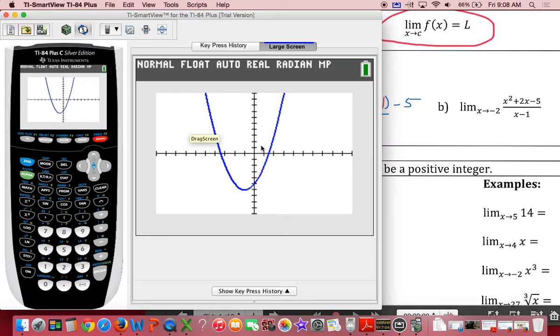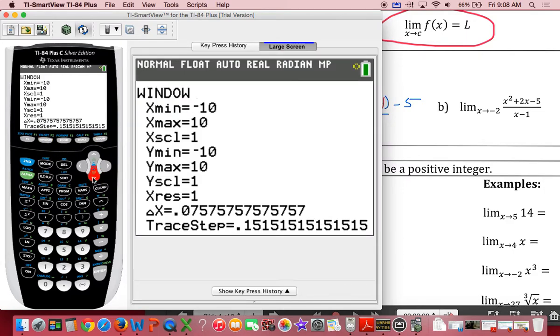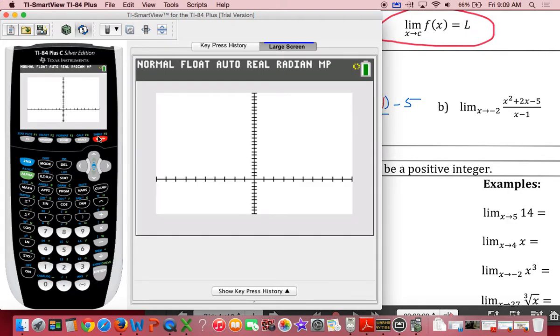What does it go up to? 10. And what is our limit? 19. So I'm going to have to go into my window and adjust my y max. I'm going to adjust it, whoops, went a little too far. I'm going to adjust it to, oh, let's go with 25. And now hit graph.